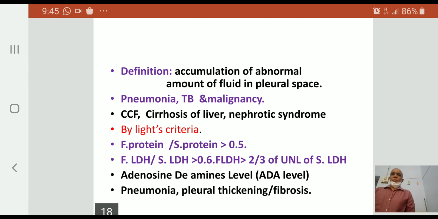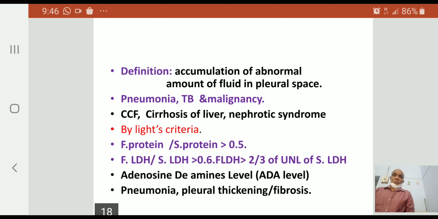The above X-ray shows effusion. What is effusion? Effusion is accumulation of an abnormal amount of fluid in the pleural space. Most common causes of effusion are pneumonia, tuberculosis, and malignancy, which give the exudative type of effusion.